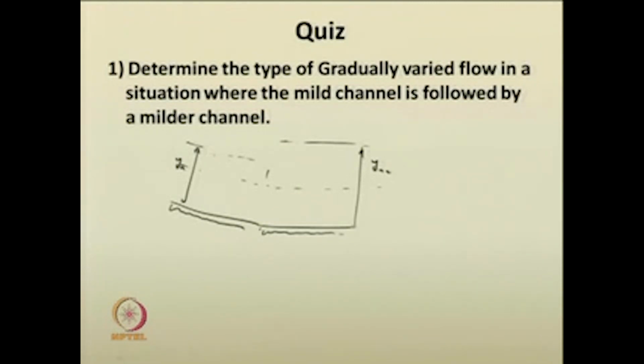Therefore, you will be having an M1 flow profile in channel 1.